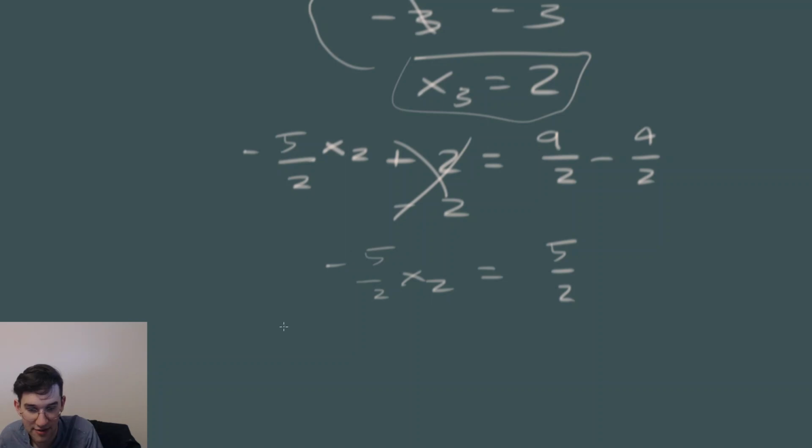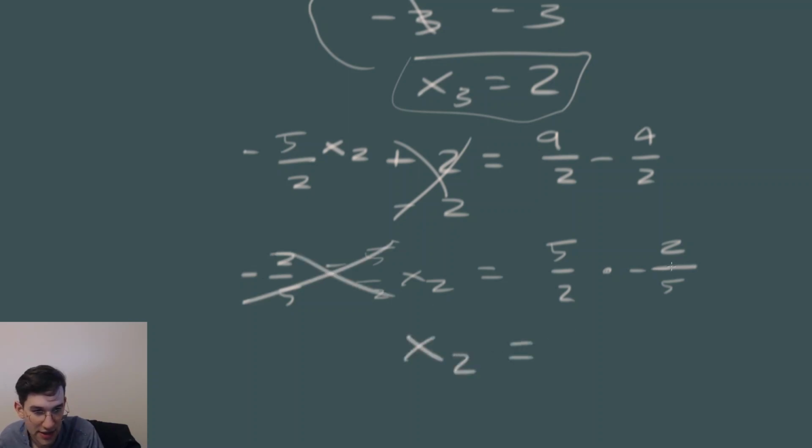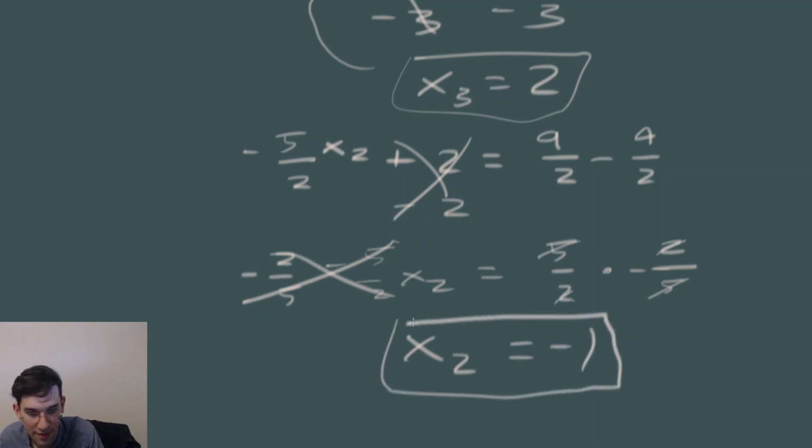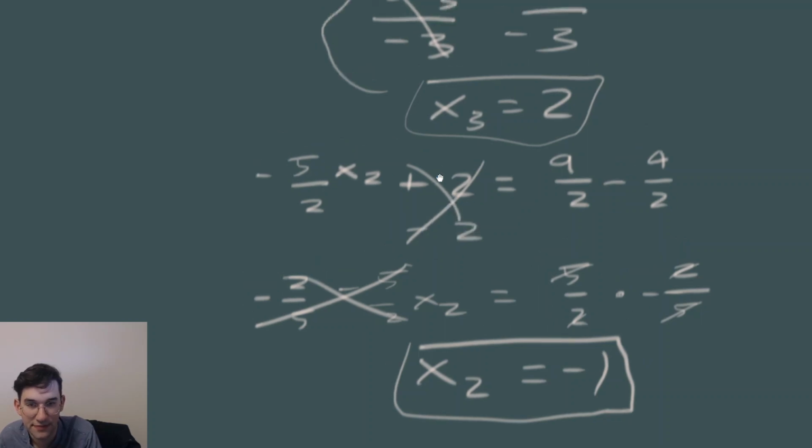Negative 5 halves on this. We can multiply this by negative 2/5. That's the reciprocal. That cancels out. We multiply this side by negative 2/5 as well. So that cancels out there. So x2 equals negative 1. So x2 is negative 1.